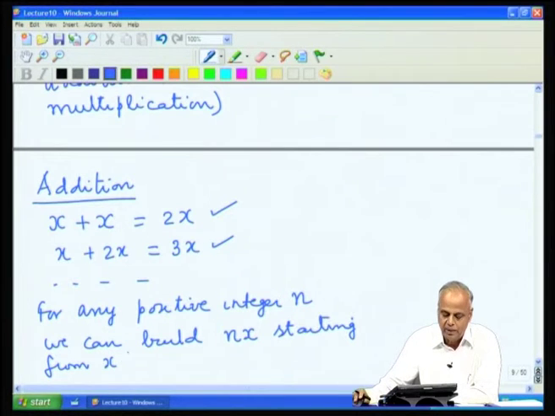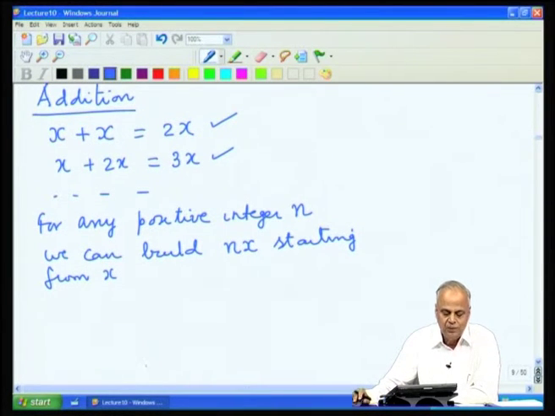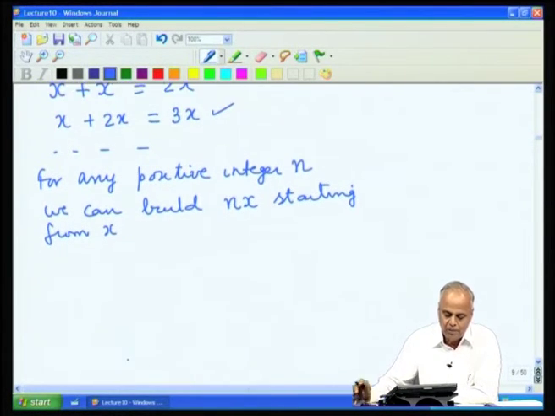So, that is the first building process. We shall now look at what we can do using scalar multiplication.